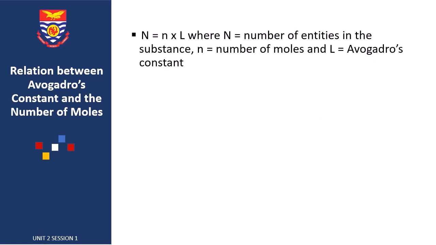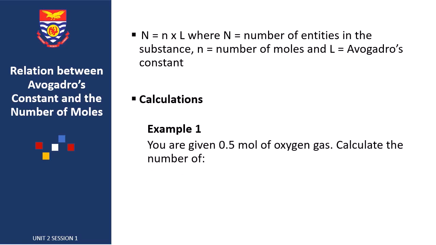Now, we have this relation: capital N is equal to small n times capital L. The capital N represents the number of entities, be it atoms, ions, molecules, etc. The small n represents the number of moles, whilst the capital L represents the Avogadro's constant or number. So that is the relation. And with this, we can now try an example where we need to do some calculations.